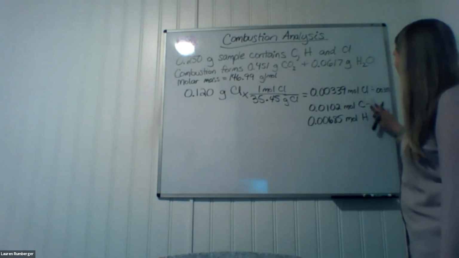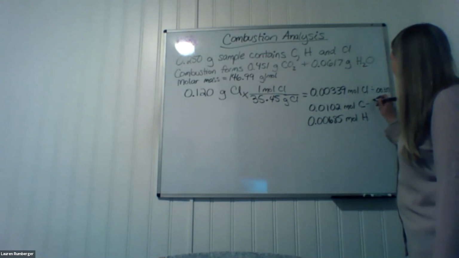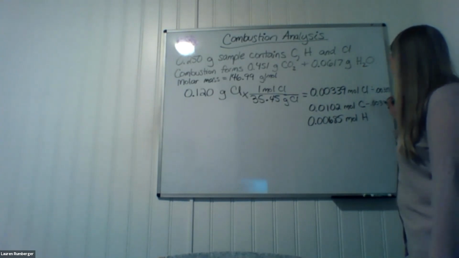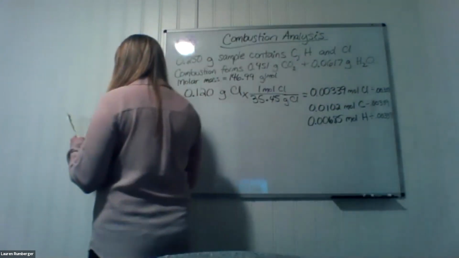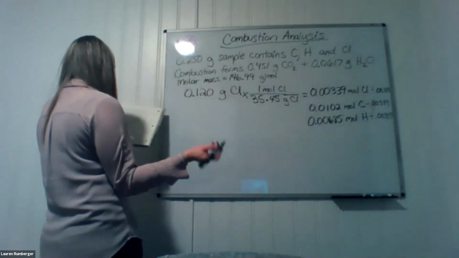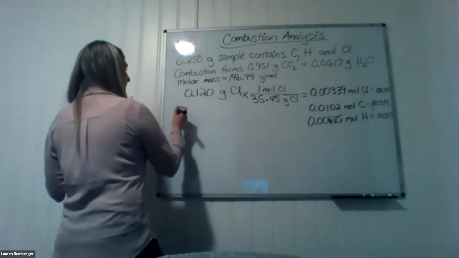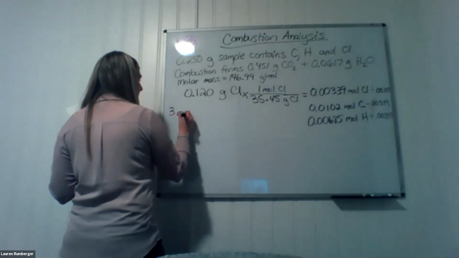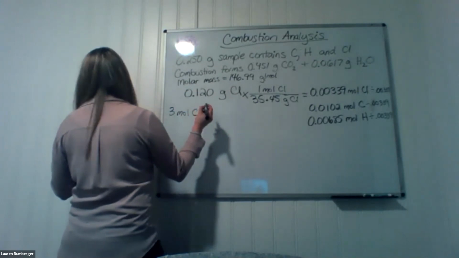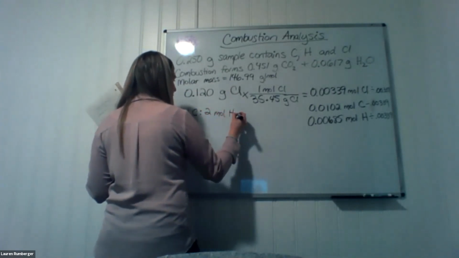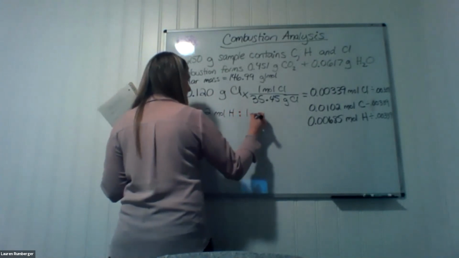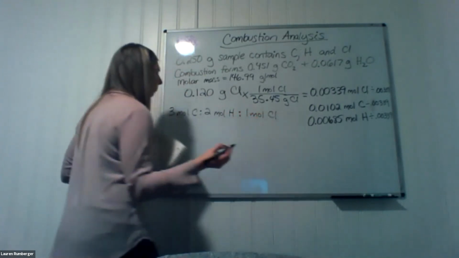I'm running out of space, sorry. Should have moved it over. Divide this by 0.00339. So when we divide them each by the smallest amount, what we end up getting is 3 moles of carbon to 2 moles of hydrogen to 1 mole of chlorine.